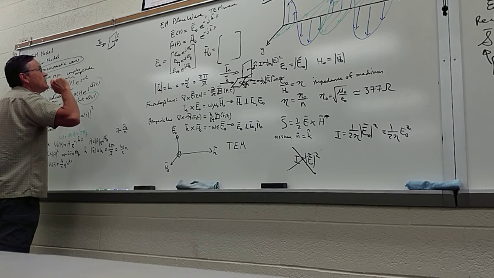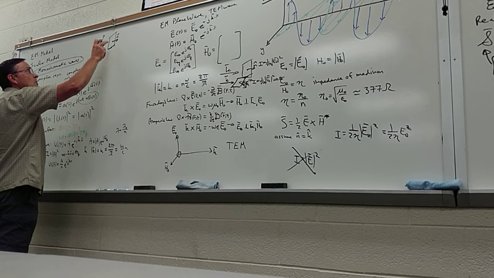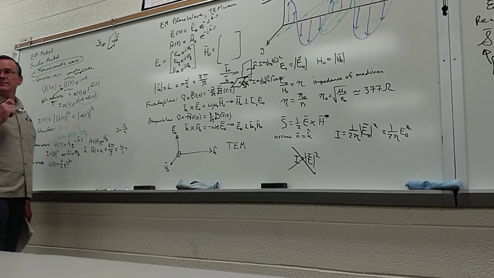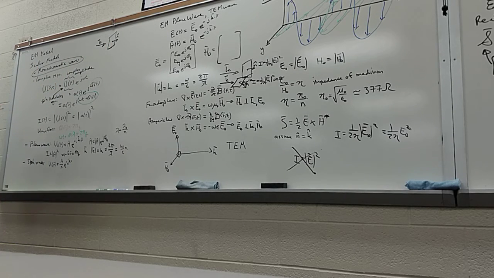And what we want to know is in the scalar model, what's the irradiance here? In the electromagnetic model, what's the irradiance there? So in the scalar model, what do we do? This right here, right? Scalar model.